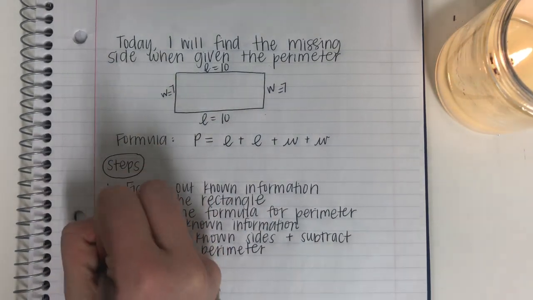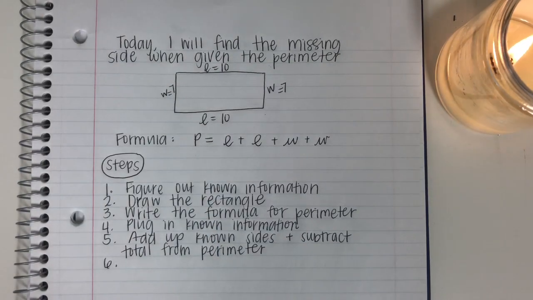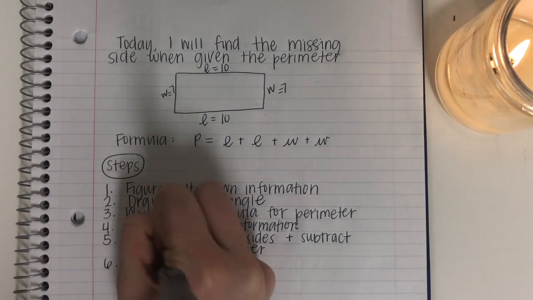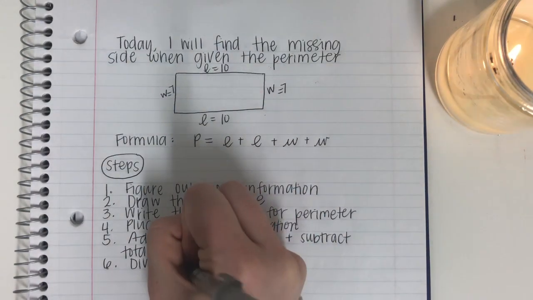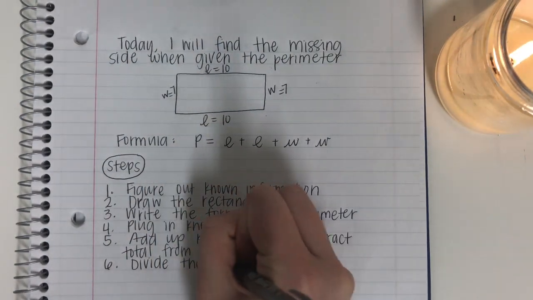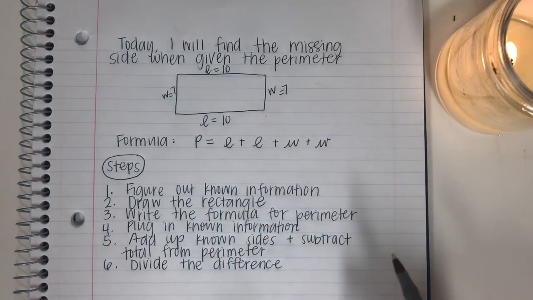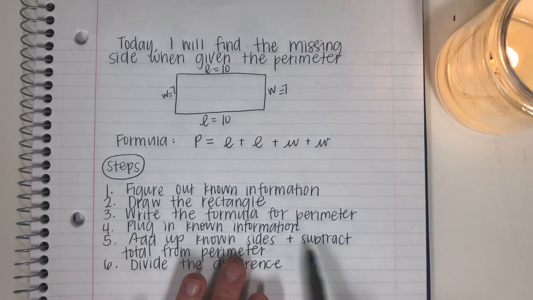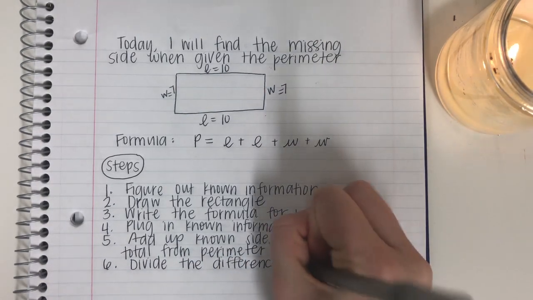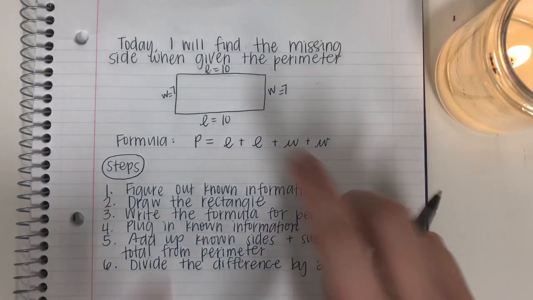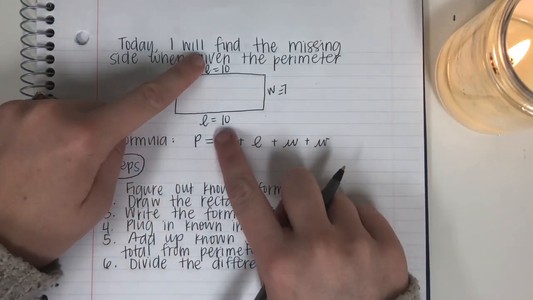Okay, and then our final last step is step 6. We are going to divide the difference. So we're going to divide the difference between our known side and the perimeter by 2, because your width or your lengths are split into 2.